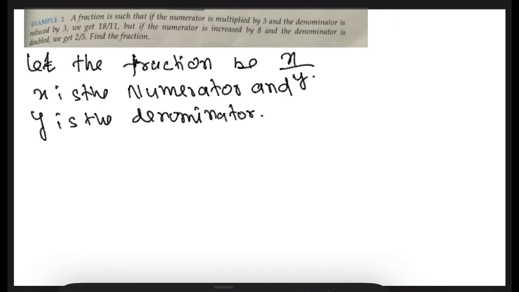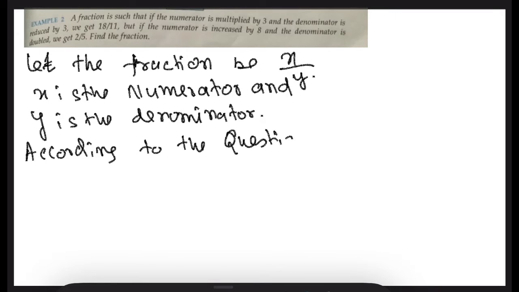Now, according to the question, whatever he says, that we have to write down.